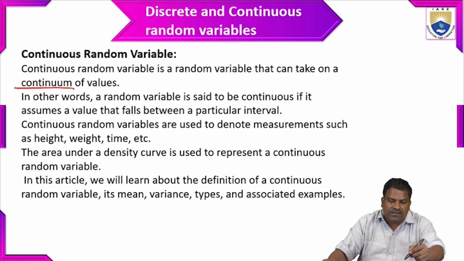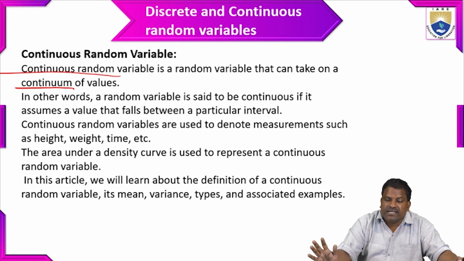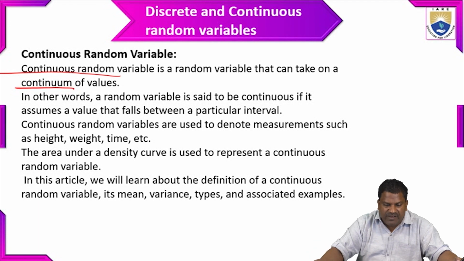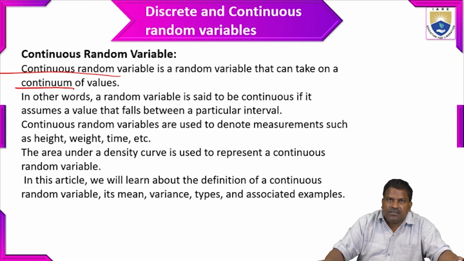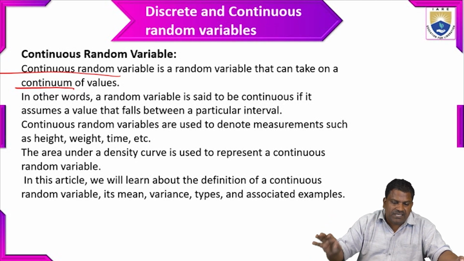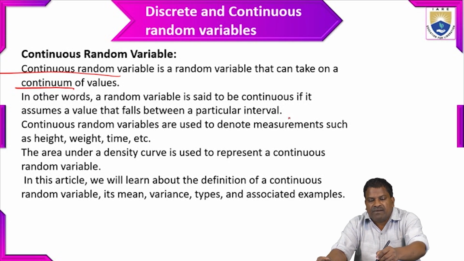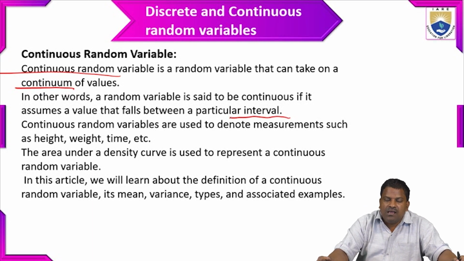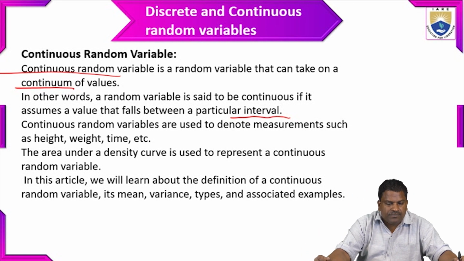In other words, a random variable is said to be continuous if it assumes a value that falls between a particular interval. So the values in continuous random variable fall in a particular interval.